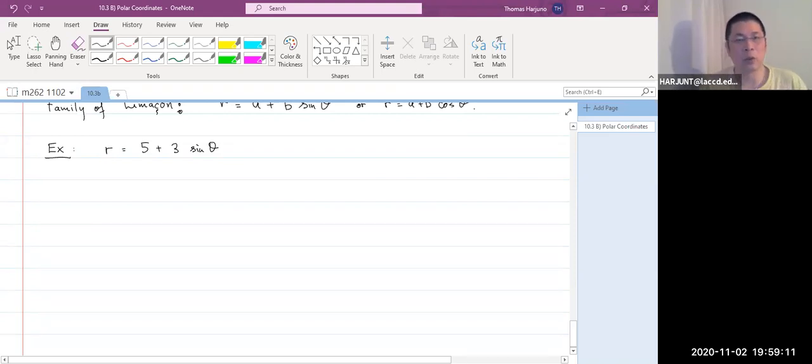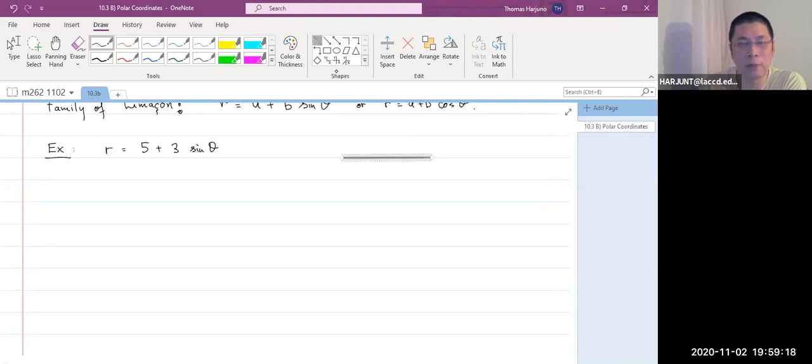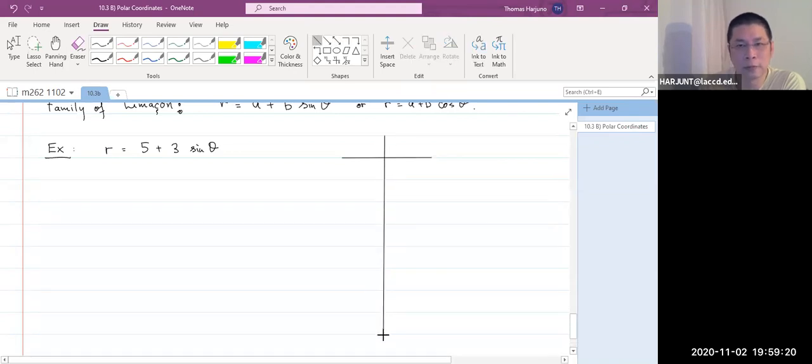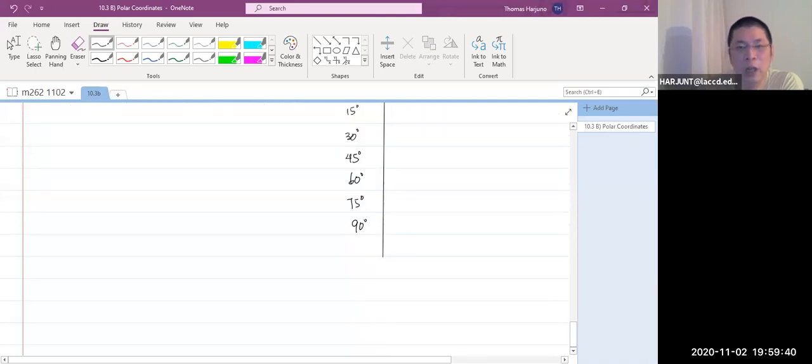Because it is symmetric with respect to the y-axis, let me ask you to construct the table for now. For theta: 0 degrees, 15, 30, 45, 60, 75, 90 degrees. That's the first quadrant, and quadrant 4, because it's symmetric with respect to the y-axis.